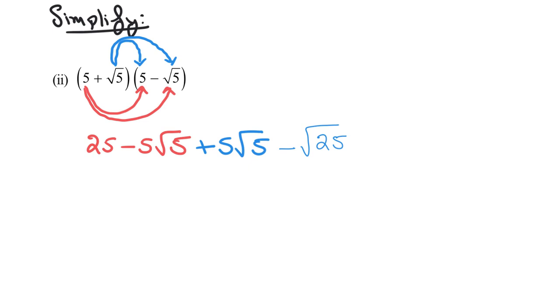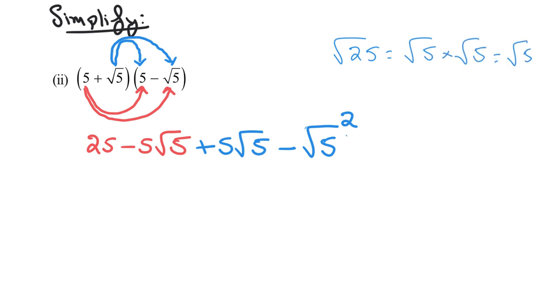Or can I write this as root 5 squared? Any problem? No, because root 25 is root 5 into root 5, which is root 5 squared. We will see why we are writing like that. Now, so we open the brackets.